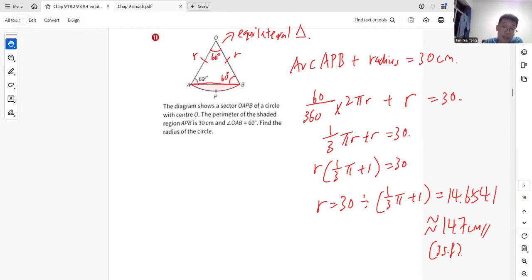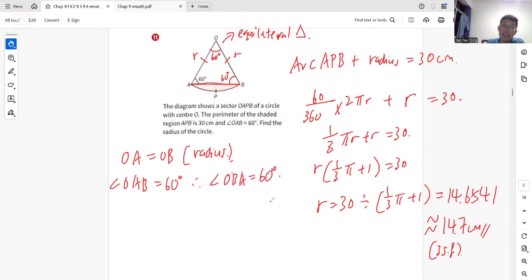I can write it down in words. OA is equal to OB because they are radii, they are the same. Since angle OAB is equal to 60 degrees, therefore angle OBA is also equal to 60 degrees.